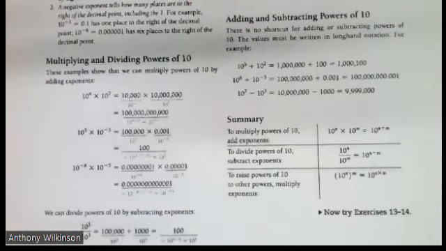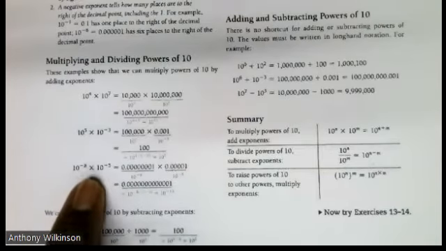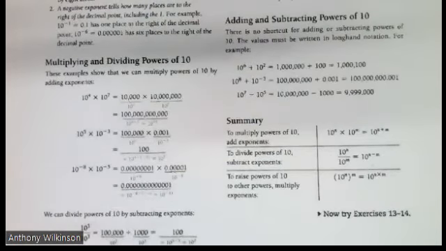So for 10 to the negative 8 times 10 to the negative 5th, we add negative 8 plus negative 5 to get negative 13. So it ends up being 10 to the negative 13. You have to keep in mind, this only works if you're multiplying powers of the same base. And in this case, you're multiplying powers of 10.